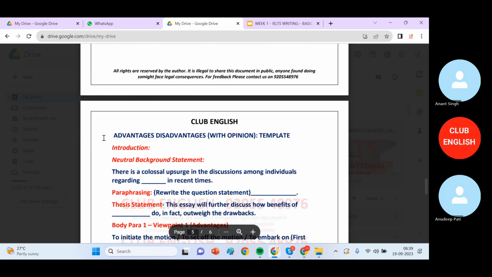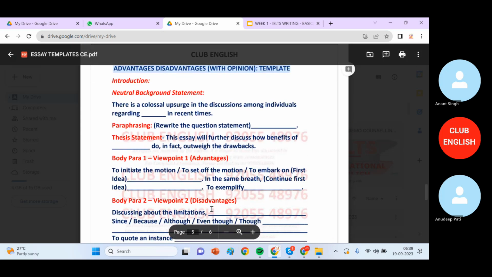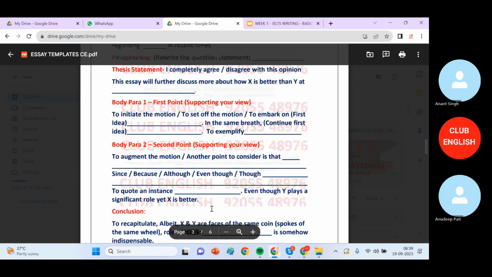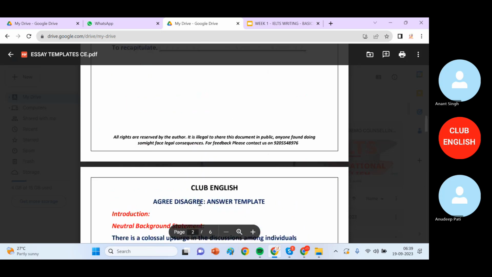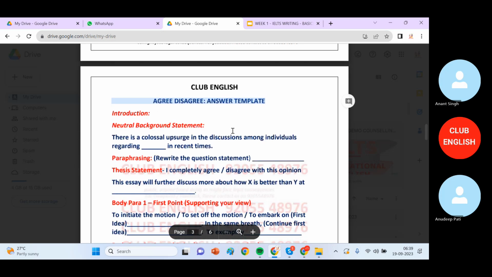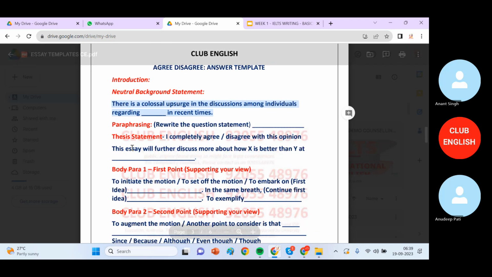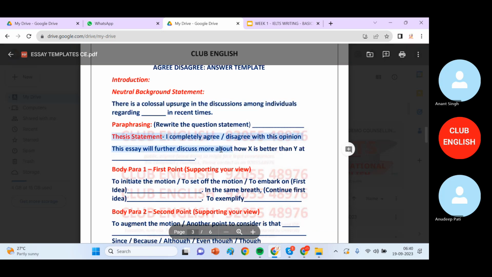The fifth is advantages, disadvantages. 90% of the content written here is the same, to give you ease in cramming it and immediately writing your answers. If you cram one of those templates, it would help you cram the other, because the language is almost the same, with only a few differences in the thesis statement or something.